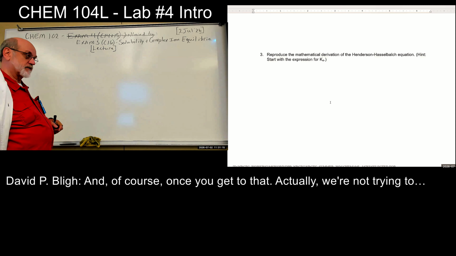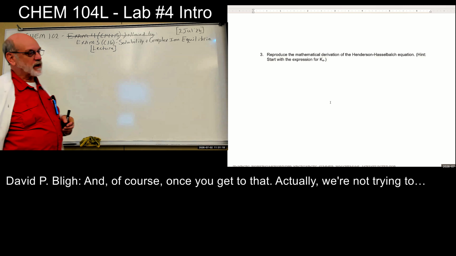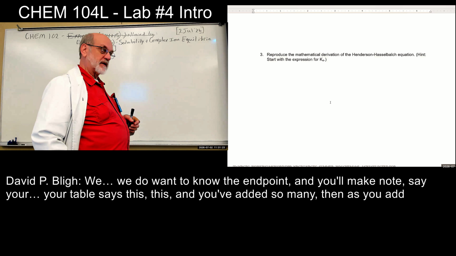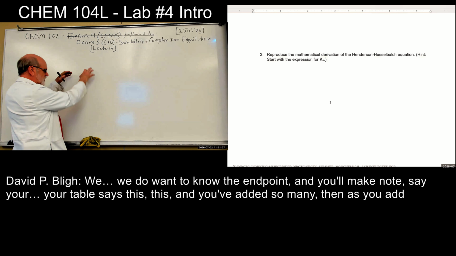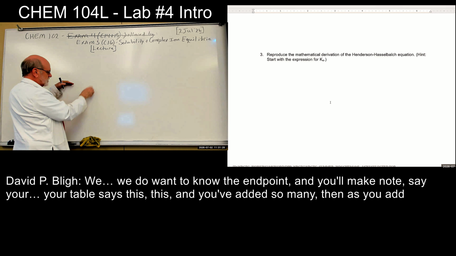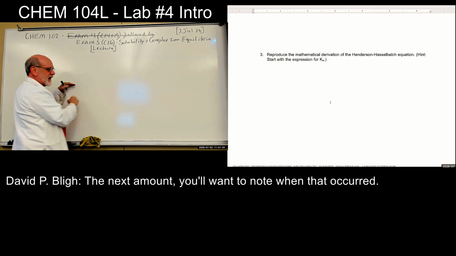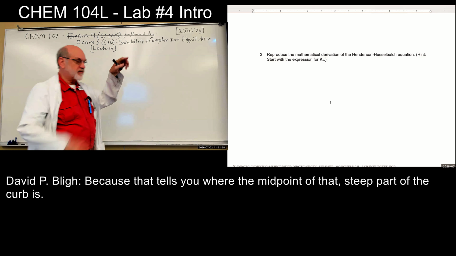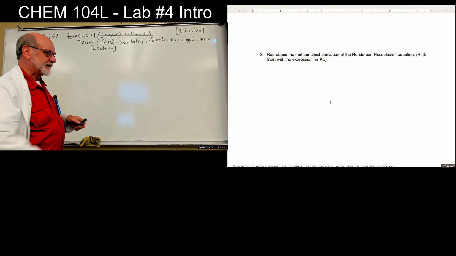And of course, once you get to that, we do want to know the endpoint, and you'll make note, say your table says this, and you've added so many, then as you add the next amount, you'll want to note when that occurred, because that tells you where the midpoint of that steep part of the curve is.